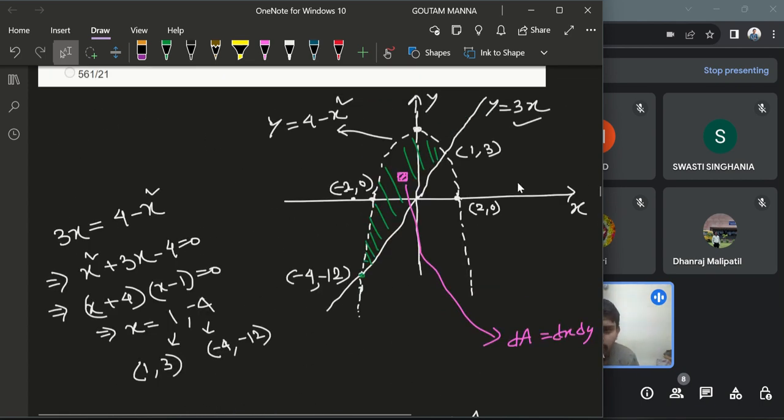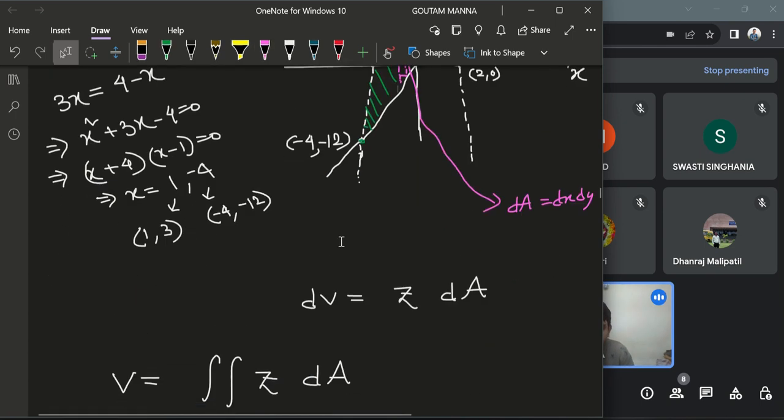So okay, I can do the y integration first. If I do the y integration first, along the y axis I will go, so it will give me this area patch. So the y limit will be going from this line, y equals 3x, to y equals 4 minus x square.